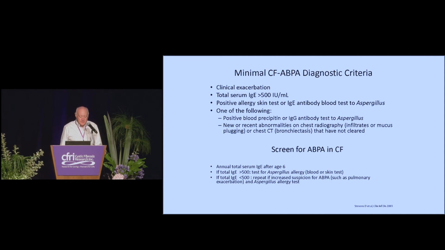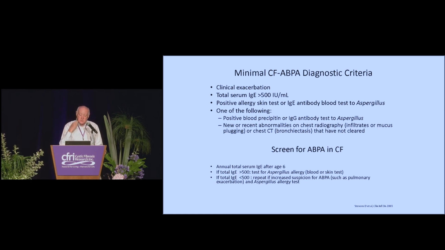Just briefly, to talk about ABPA first, ABPA was something that was described in people with asthma in the 1950s, recognized in CF in the 1960s, and criteria for how to recognize and diagnose this, again, coming out of the asthma world, were developed in the 1970s and then adapted to CF.